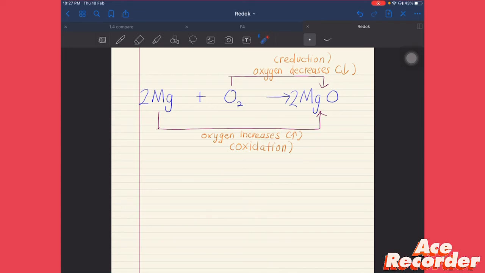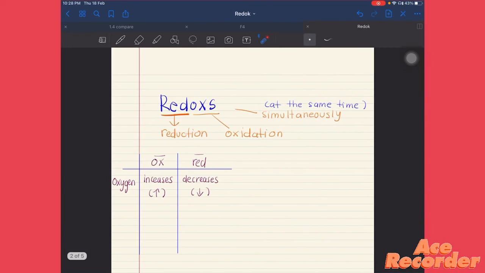This experiment undergoes oxidation and reduction that happens at the same time. So this is an example of a redox reaction. So we fulfill our first explanation of the example, whereby redox is a chemical reaction that involves oxidation and reduction that happens at the same time.